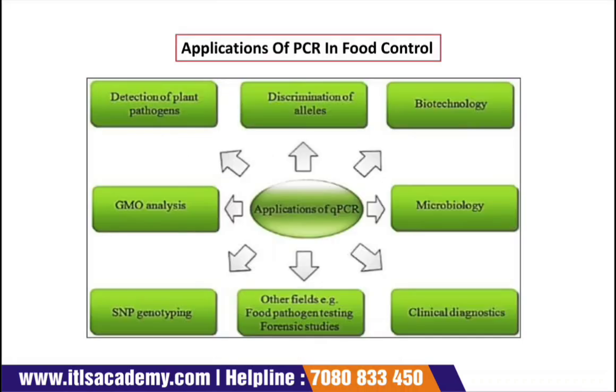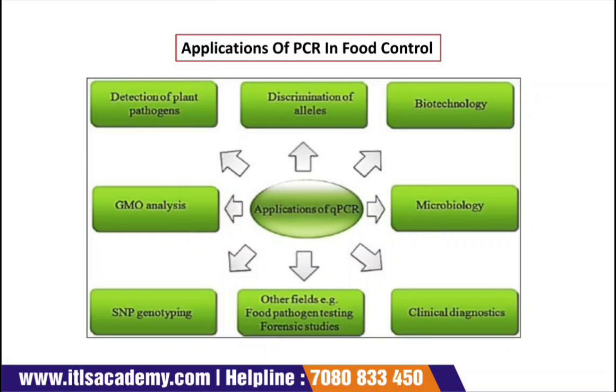Now one of the most important things, what is the application of PCR in food industries? So let us quickly understand the applications of PCR. First of all, PCR is good in detecting microorganisms. Because of their detection power, they are used in food industries.